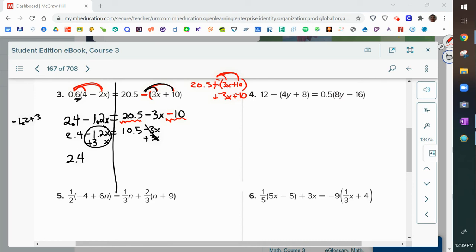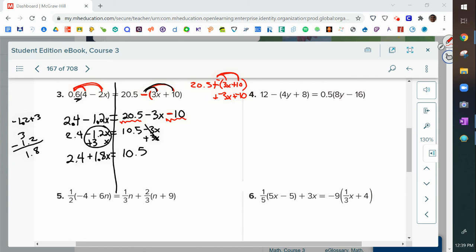So it's like we're basically subtracting the two. So 3 minus 1.2. If they're different signs, we find the difference. Different signs, difference when we're adding and subtracting. So that comes to 1.8. And it's positive 1.8 since the positive one is the higher absolute value. Now, that cancels out, so we're just left with 10.5.